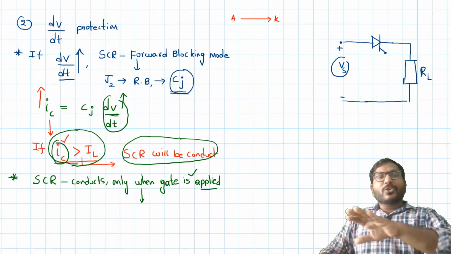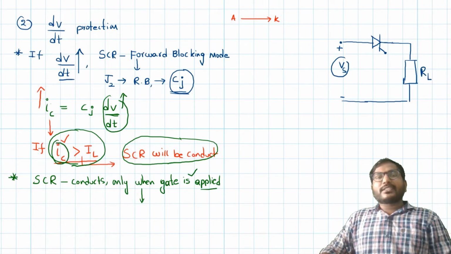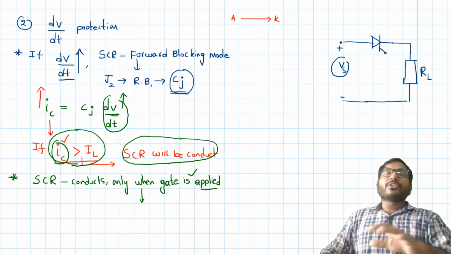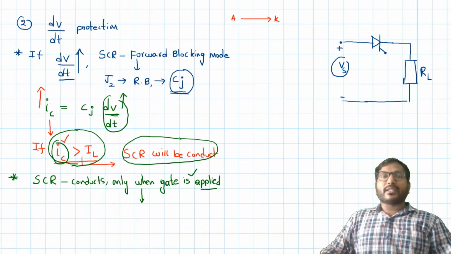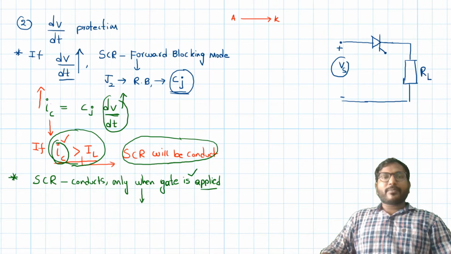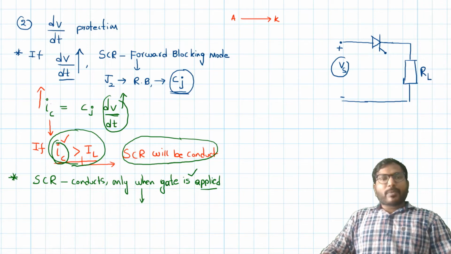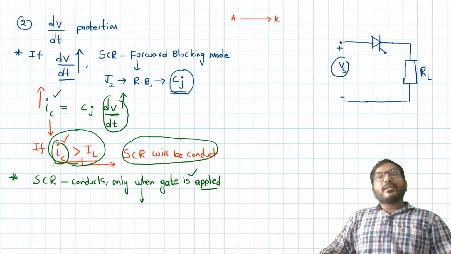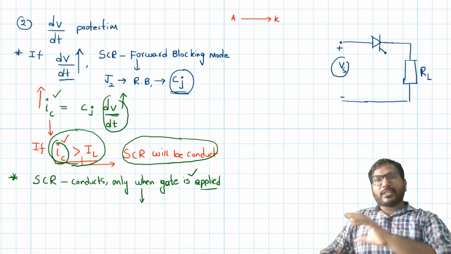The conducting current is more than the latching current, which is enough to conduct the SCR without any gate pulse or gate current. So we can't control the turn-on instant or the conduction of the SCR. That's why conduction of the SCR due to Ic is not desirable.